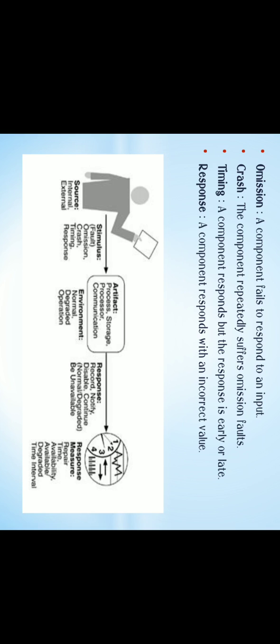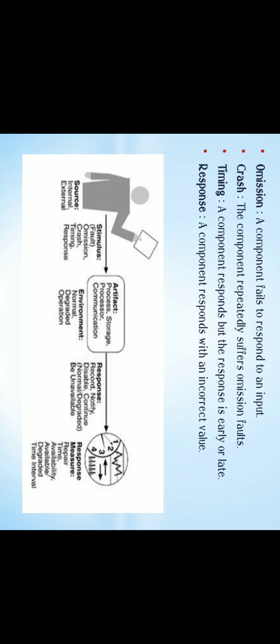Next is the environment. An environment can be normal, degraded, or operational. The response provided by the artifact may be record, notify, disable, continue normal or degraded, or be unavailable.